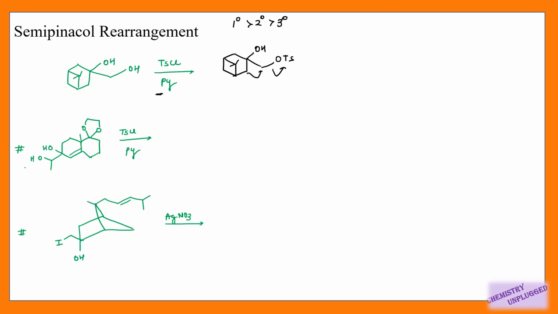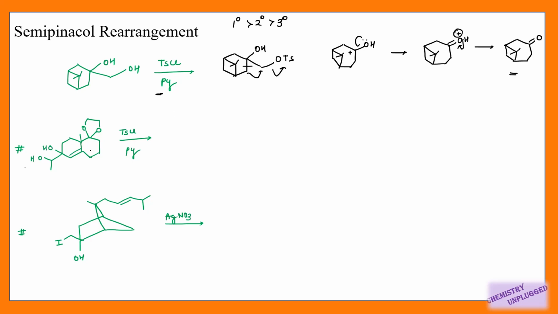We can migrate any of these two carbons because both of them are similar. If I migrate, this bond will break, and after breakage of this bond we will get a ring which is 7 membered. This will remain as such, and on this carbon we have a positive charge. Now this oxygen having a lone pair of electrons can stabilize this positive charge, and we can remove the proton at this stage.